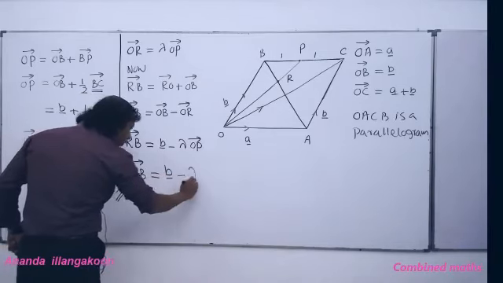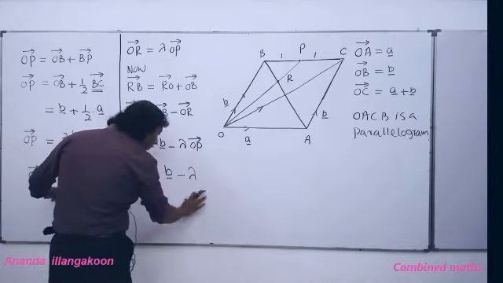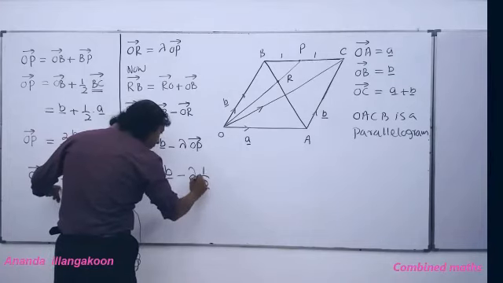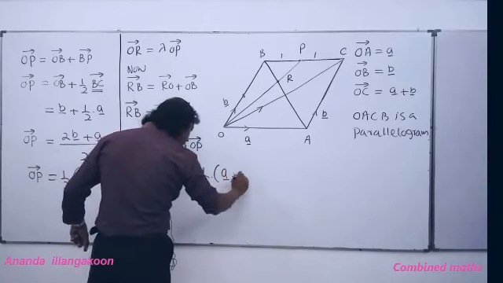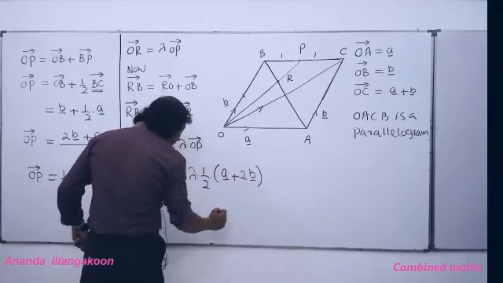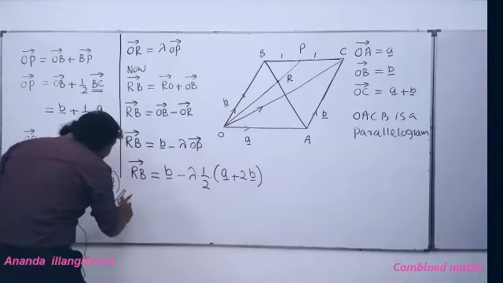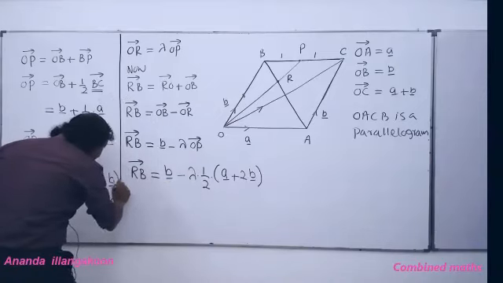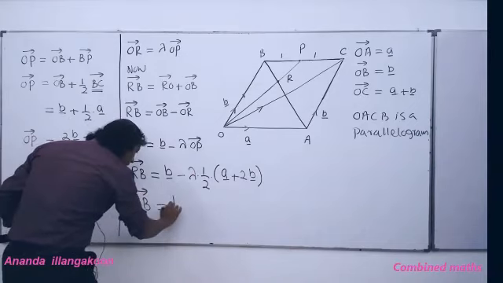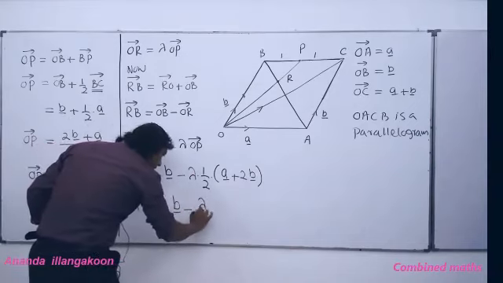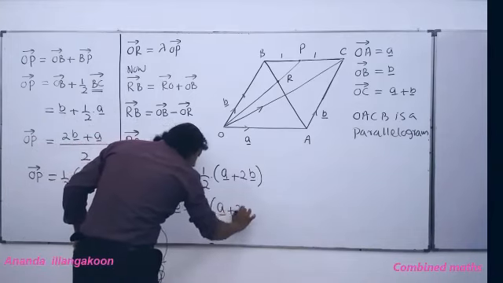So B minus lambda times half of A plus 2B. This one I can write: lambda into half means lambda by 2, so B minus lambda divided by 2 times A plus 2B.